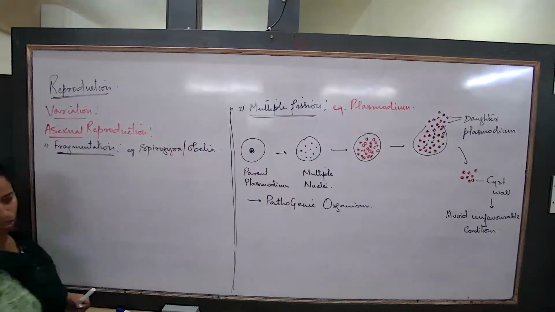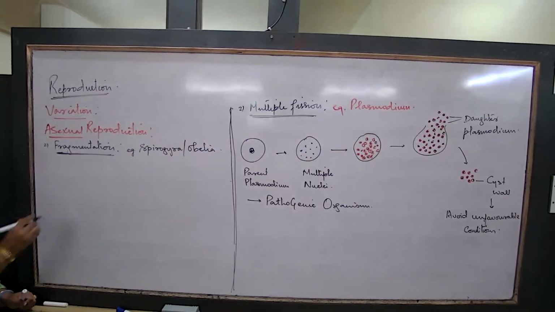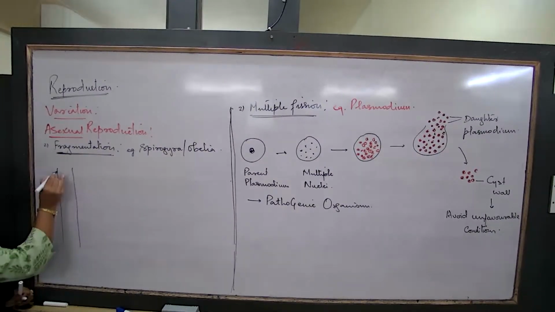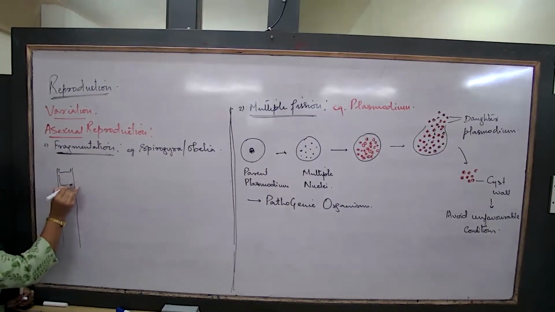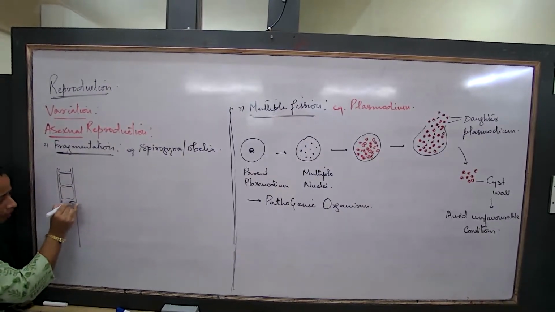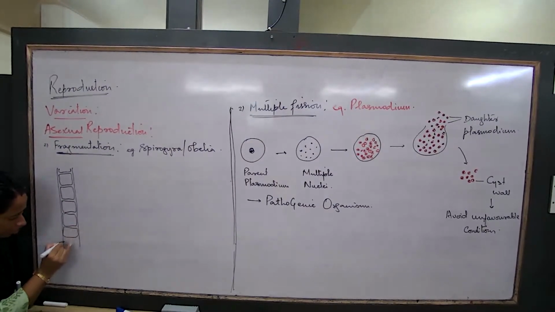These types of organisms are present in shallow water bodies. Now, this type of organism generally has a body something like this. They would generally have a multicellular body, as I just mentioned, but the body is not very complex. It's not a complex structure actually.